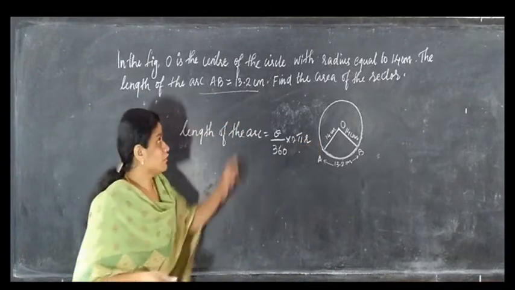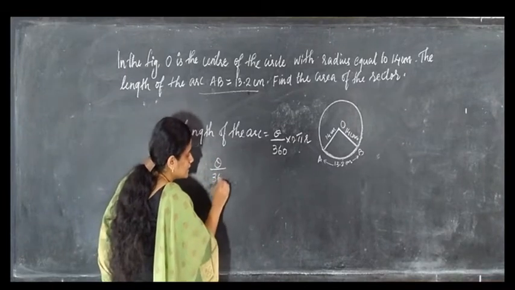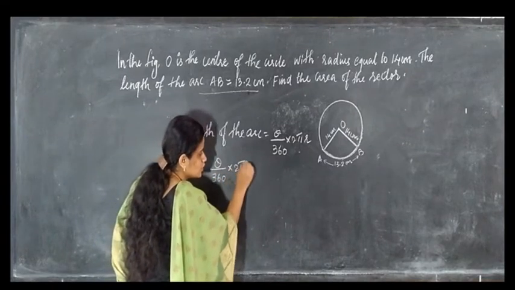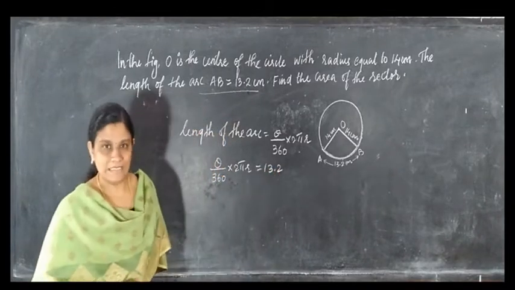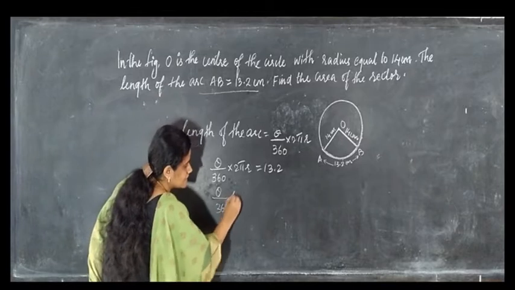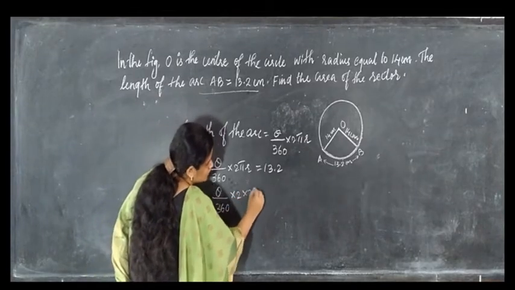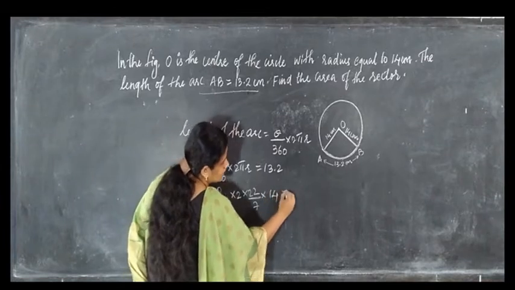So from this question, we can write theta by 360 into 2 pi r is equal to 13.2.